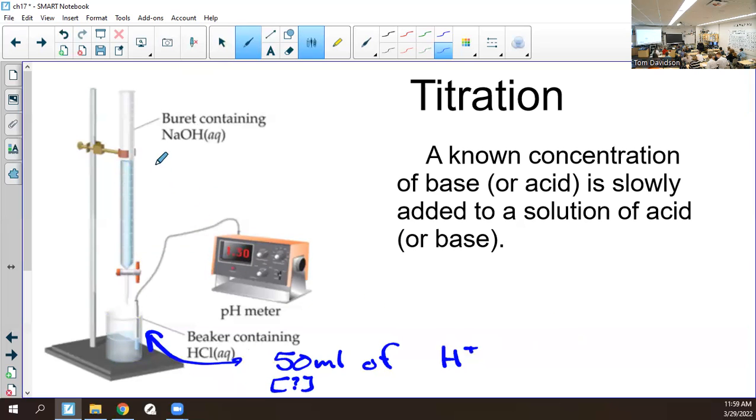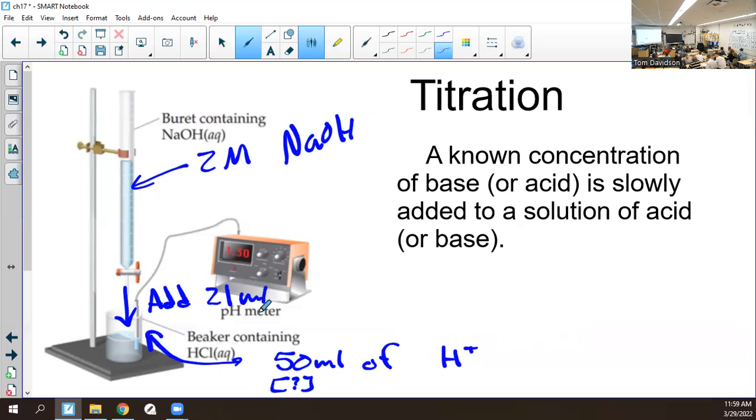So what I need to do, I have 2 molar NaOH here, and I'm going to open this valve and add, let's say, 21 milliliters. Once I added 21, it turned to 7. You okay with that?